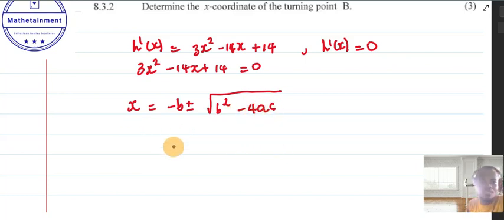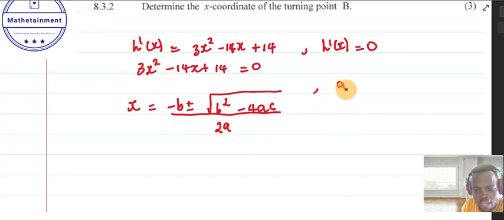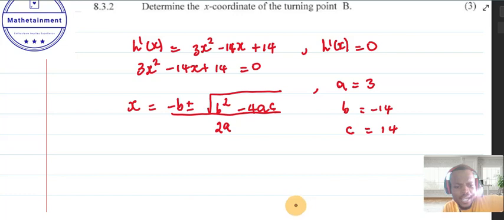You only use this one if you do not find the factors, or you don't have factors. So it's over 2a. Here the value of a is equal to 3. The value of b is equal to minus 14. And the value of c is equal to 14.